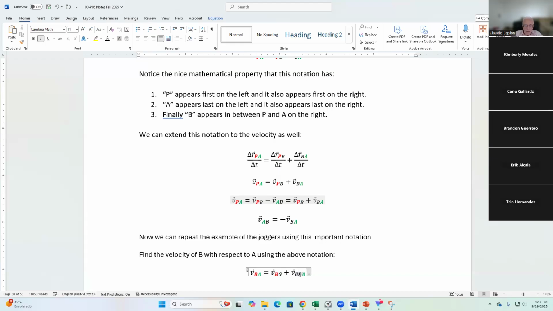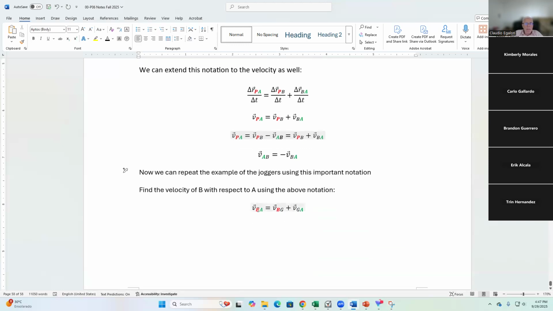Ground with respect to A, right? B here, B here. A here, A last. A last on the left, A last on the right. And in between we have the ground.